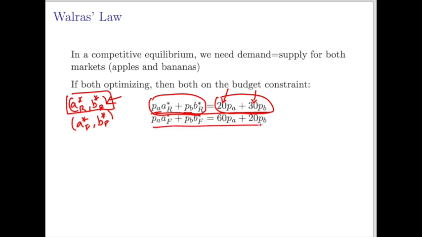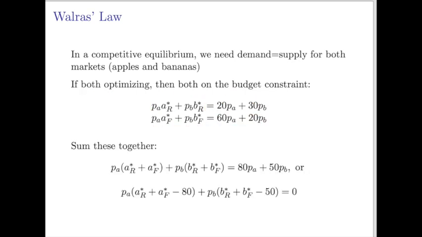Similarly for Friday. So what we can do now is just add up these two equations, right? Let's add up the first term of each and factor out the PA to get PA times AR star plus AF star. Add the second two terms together and factor out the PB.